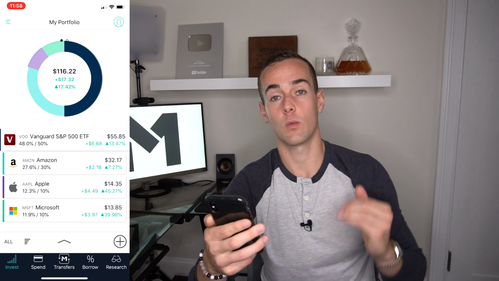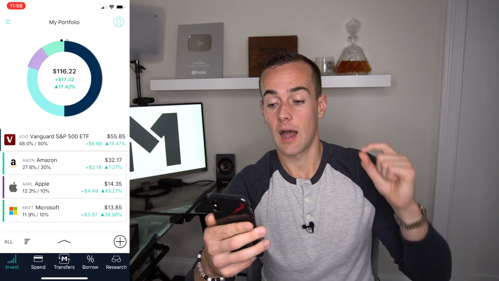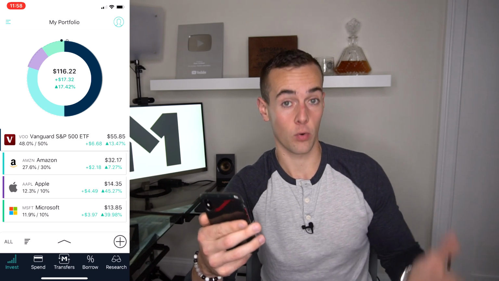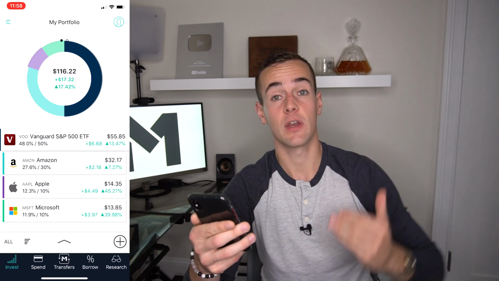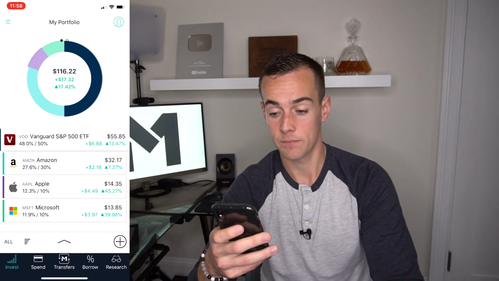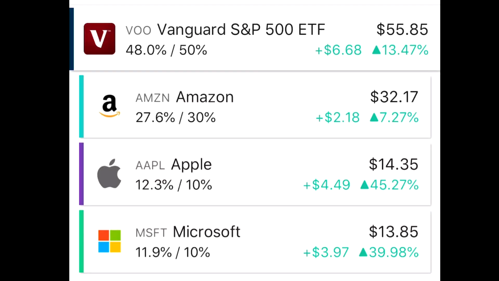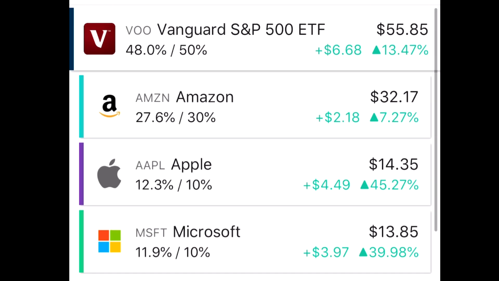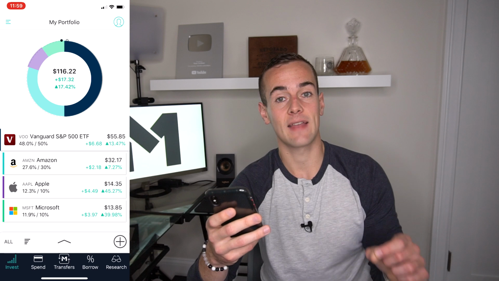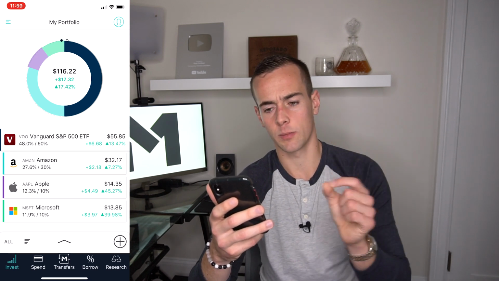When you invest with any brokerage out there, you're going to experience something called portfolio drift, which is where every stock or ETF is going to behave differently. As you can see here, I've had a 13.47% return with the Vanguard 500 ETF, 7.27% return from Amazon, 45.27% return from Apple, and just about a 40% return from Microsoft, meaning that my allocations are a little bit skewed.